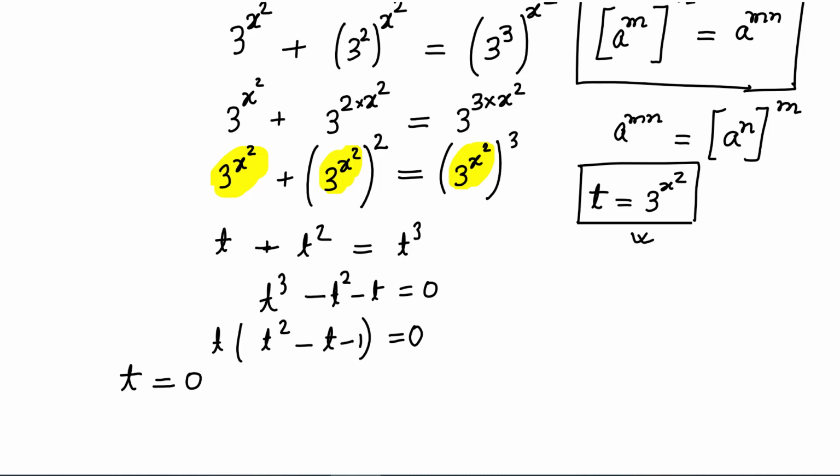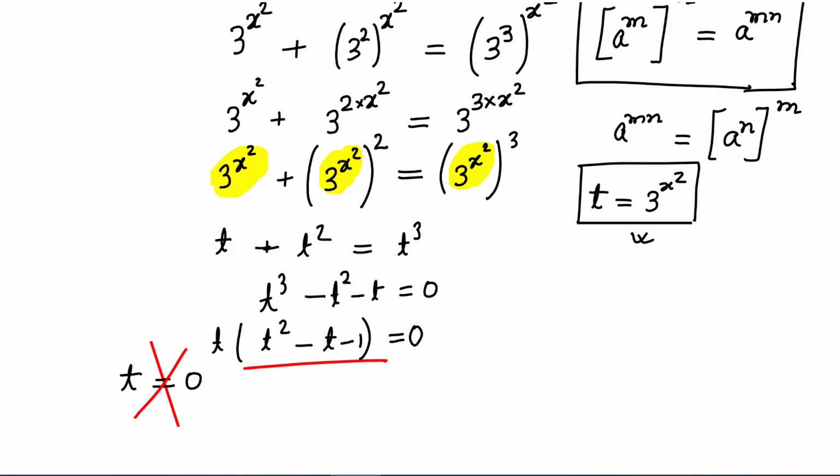T is 3 raised to the power x square. This is not possible because you can have any value of x, and if you square it, it will be a positive quantity, and 3 raised to the power some positive number will never be 0. So t equal to 0 is not an acceptable solution.